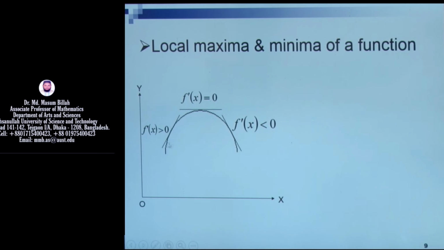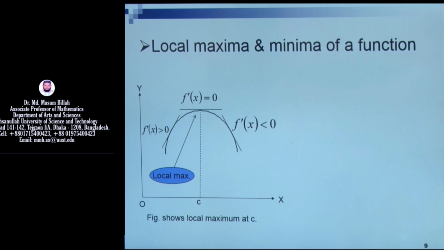So at the stationary point, the left side is an increasing function and the right side is a decreasing function. If we get such a stationary point, it is known as a local maximum. Okay, and the maximum value is f(c).